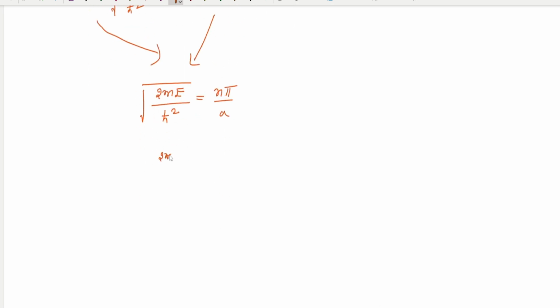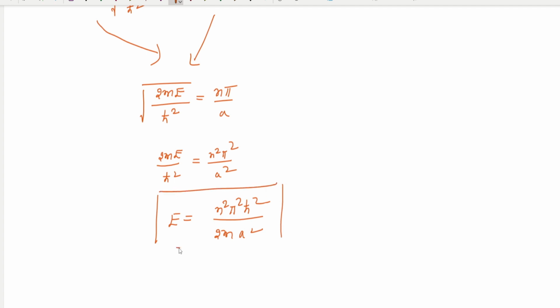This will give 2mE divided by h cross square equal to n square pi square divided by a square. So then E equal to n square pi square h cross square divided by 2m a square. So these are the eigenvalues of the particle in the infinite potential well.